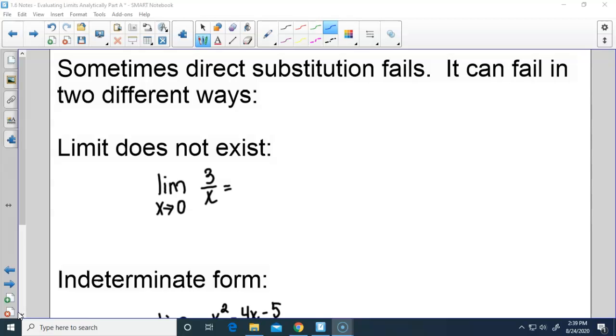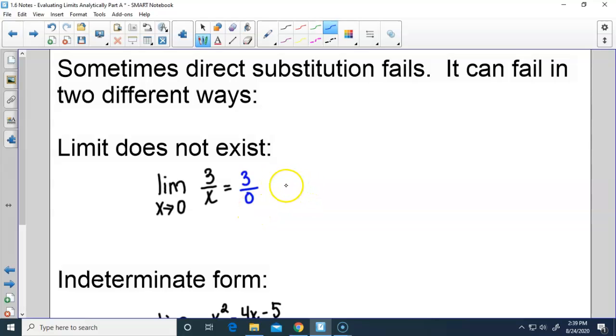The first is that we have a limit that does not exist, and this is what we're going to see whenever that happens. Here I've got the limit as x approaches 0 of 3 over x. So if I were to plug in 0, I get 3 over 0. Of course, this is undefined. It is not a valid answer.